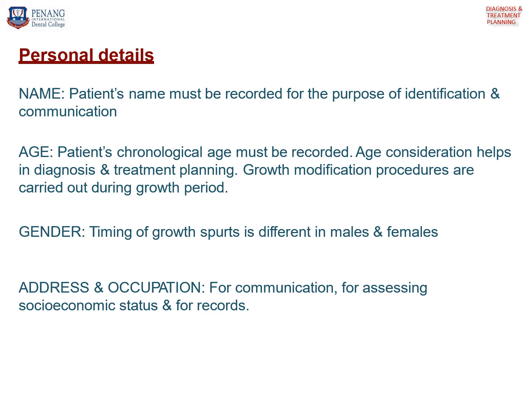You cannot expect eruption, calcification, and shedding to happen at the same time. Every child and every individual differs, so you must understand the timing and the gender of the growth spurts. Next is address and occupation.